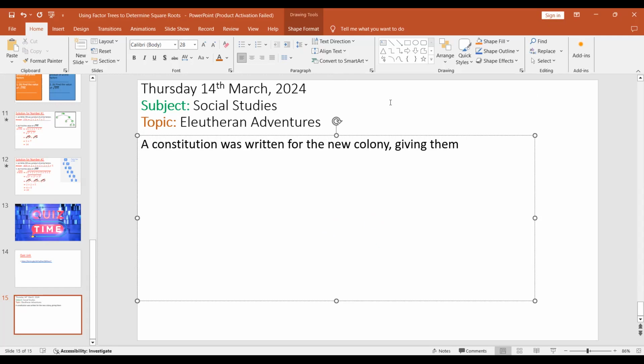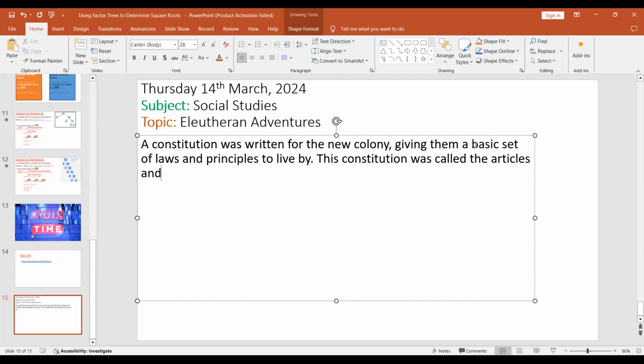Giving them a basic set of laws and principles to live by. This constitution was called the Articles and Orders.